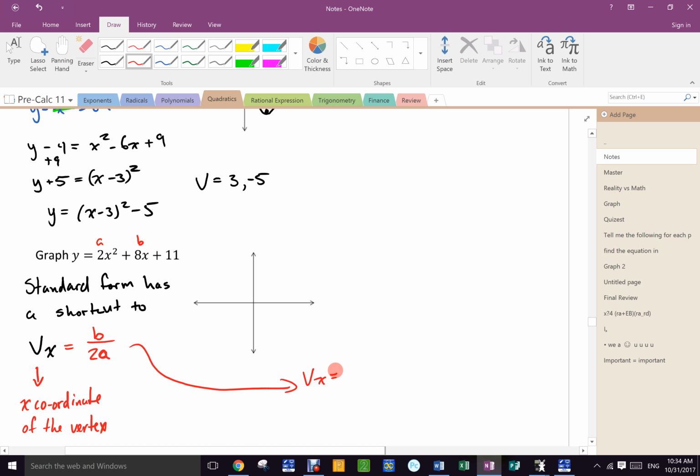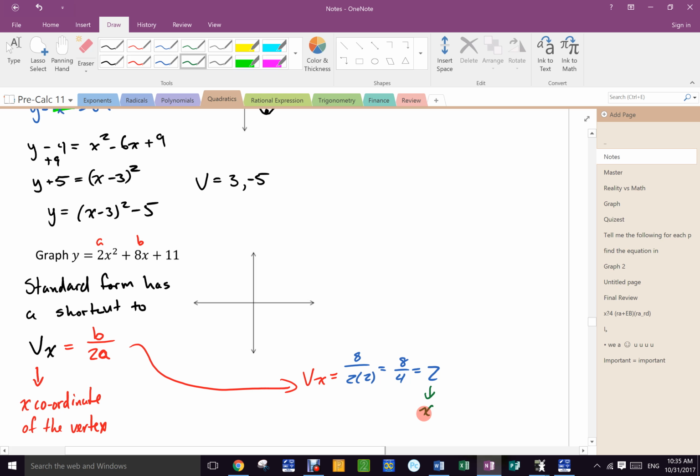What is it? It's negative 8 over 2 times 2, which is negative 8 over 4, which is negative 2. Yes? Everyone's cool? You all did it in your head. That's fine. I just like to show you the work. Is that an x coordinate or a y coordinate? X coordinate, yes? So that means that negative 2 is an x value, isn't it?